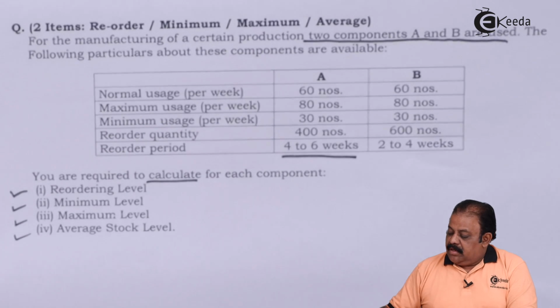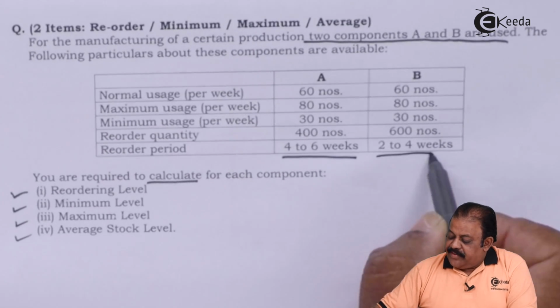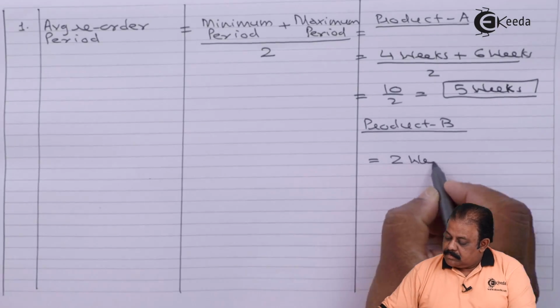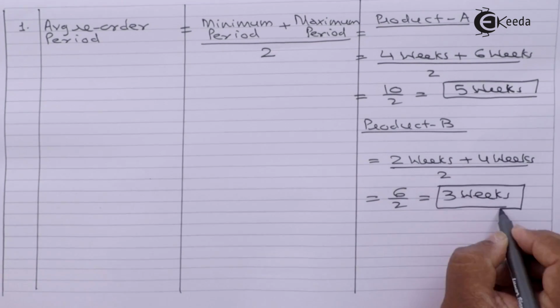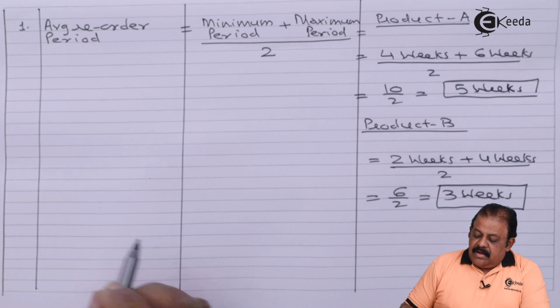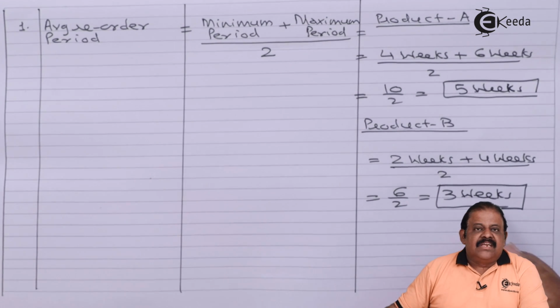In case of product B, it is 2 to 4 weeks, so in case of product B, the average reorder period is 3 weeks.